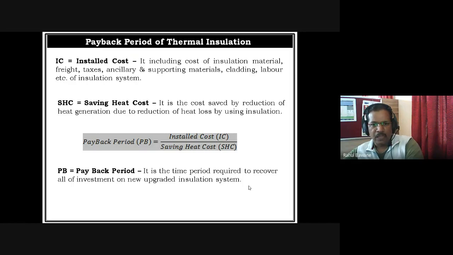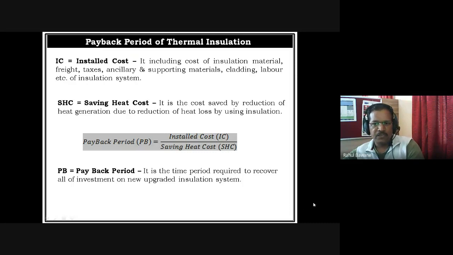So I require 5 years to recover my whole investment of 1 lakh. Each year 20,000, next year 20,000. Likewise, after 5 years, I will be in the position where I recover my complete investment of 1 lakh. Then after 5 years, whatever 20,000 saving there is, that is my net profit. So payback period is the period where we recover all our investment, and payback period is always calculated on the basis of years, annum. Okay.